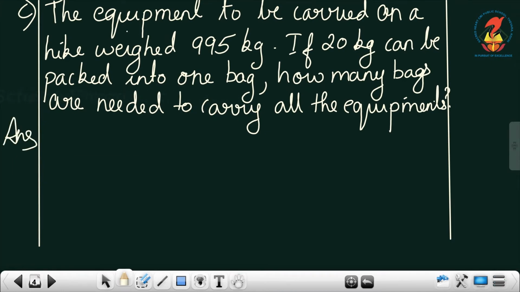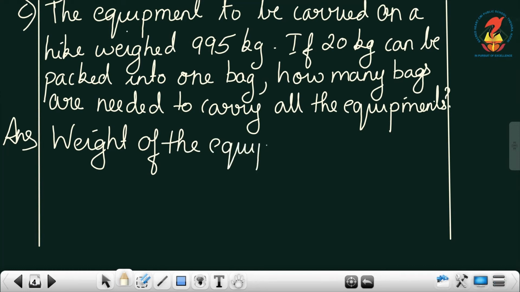Answer. Weight of the equipment to be carried. Or just write weight of the equipment, that is 995 kilogram.